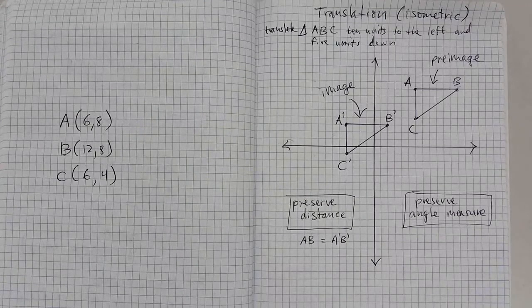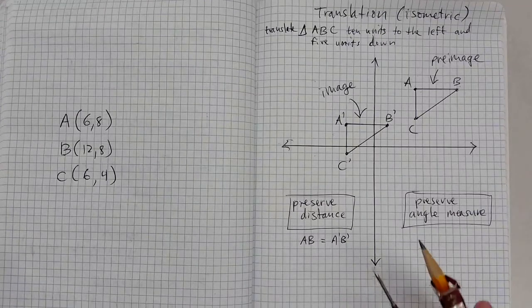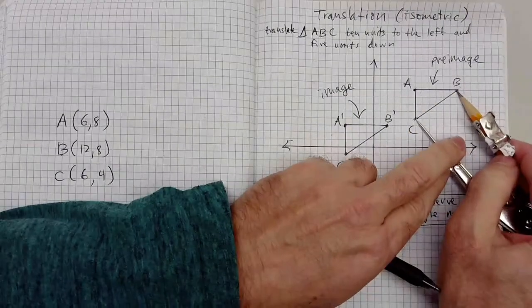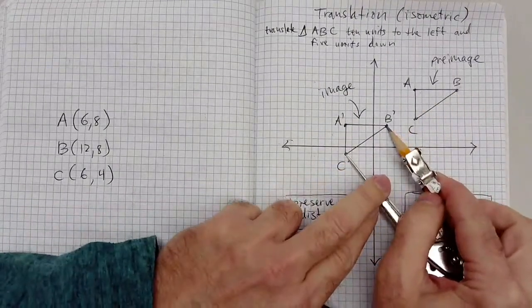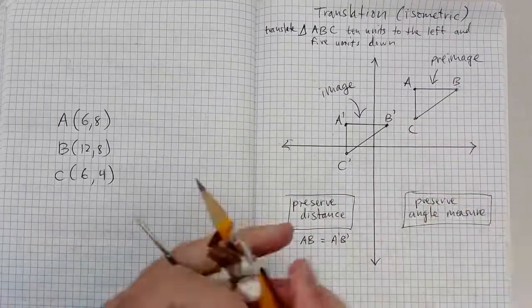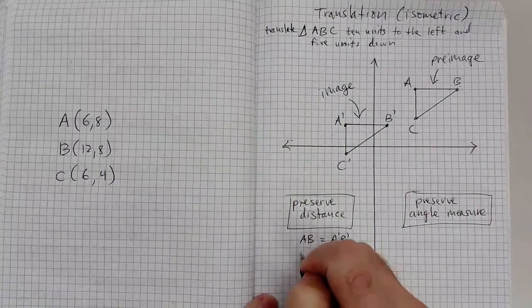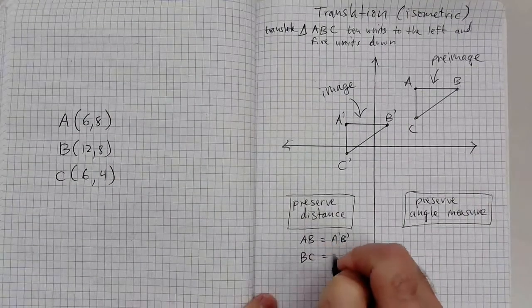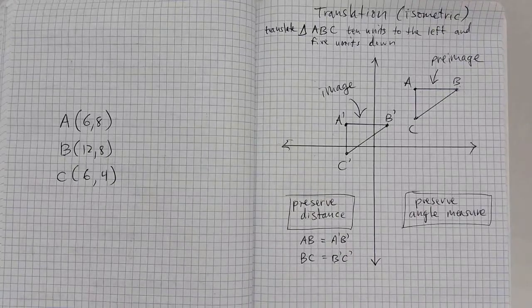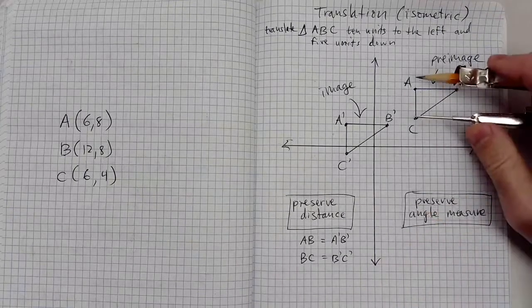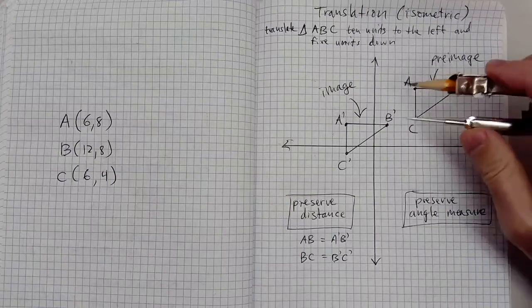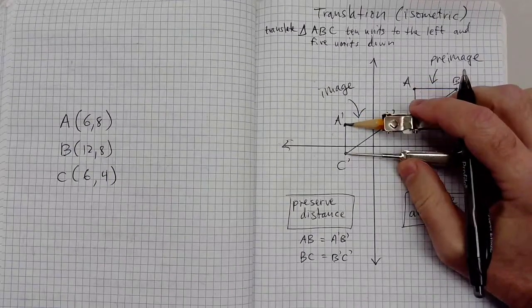Okay, likewise, I can check BC and compare that to B prime, C prime, right? BC, B prime, C prime should be equal. And I write that as BC equals B prime, C prime. And finally, I check the distance between A and C. And it should be the same as A prime, C prime.